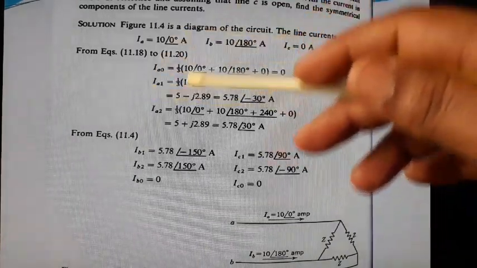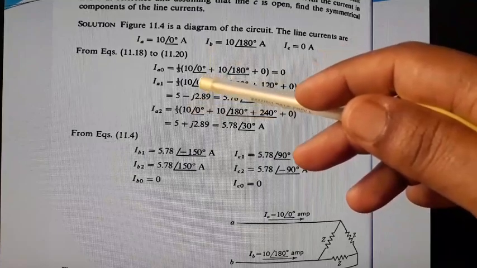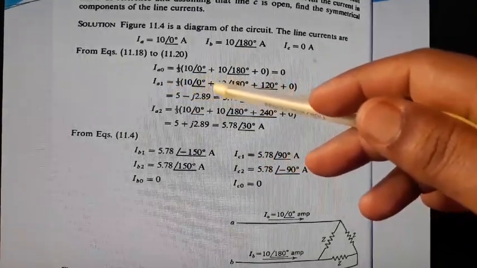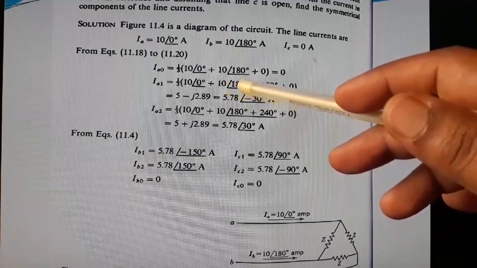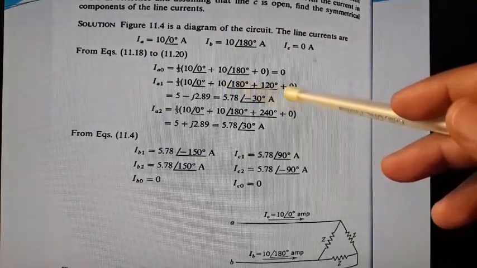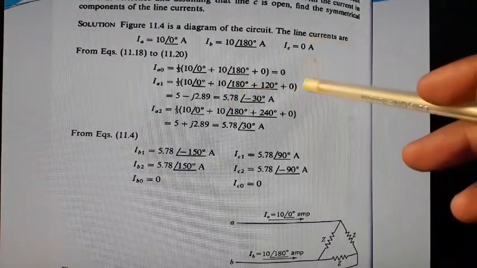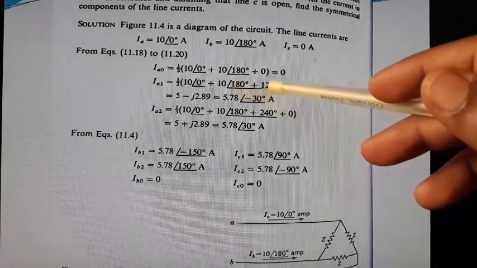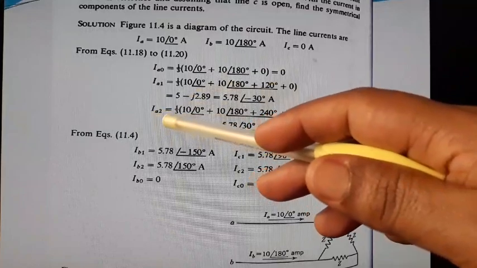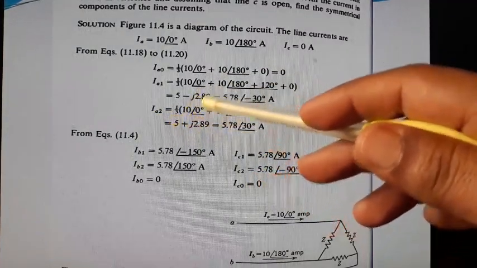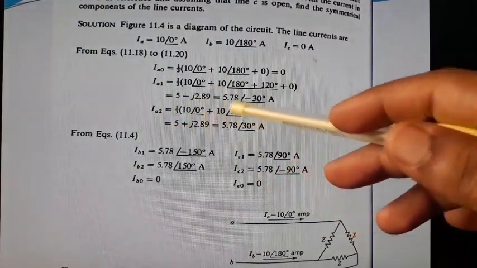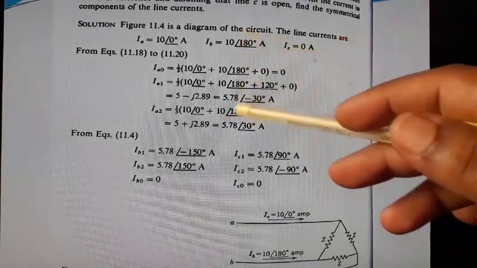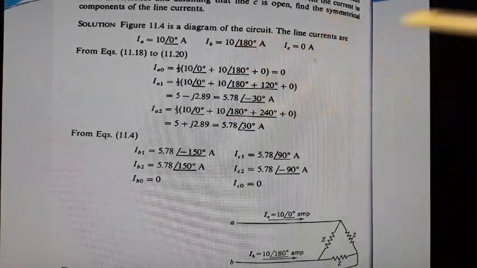Next, IA1 is 1 by 3 times IA plus A IB plus A square IC. As IC is 0, that term becomes 0. A means it is plus 120. Next, IA2 is 1 by 3 times IA plus A square IB, where A square is plus 240, and IC is 0, therefore 0.